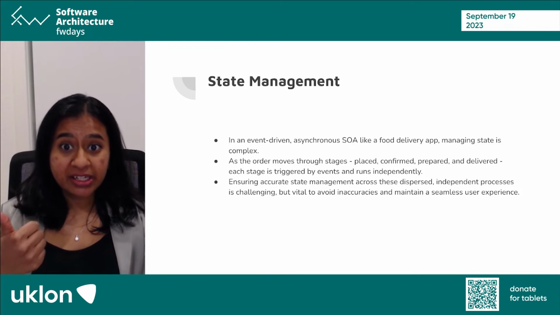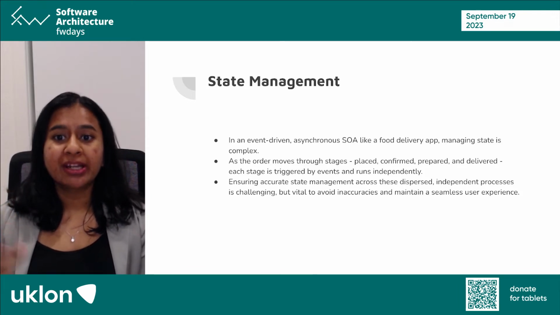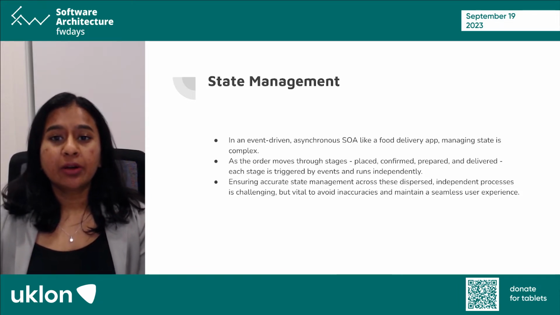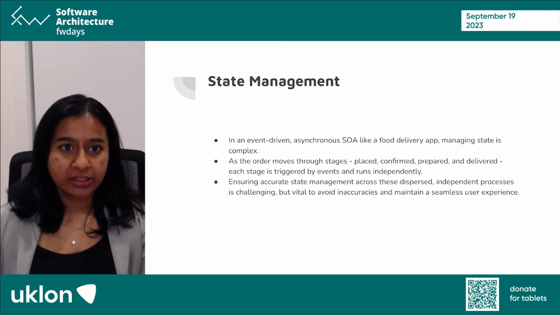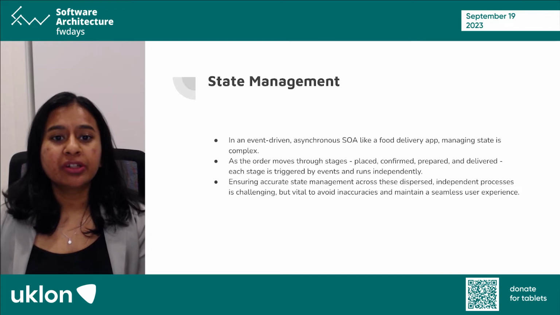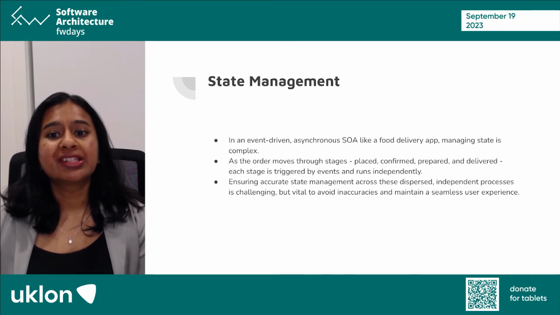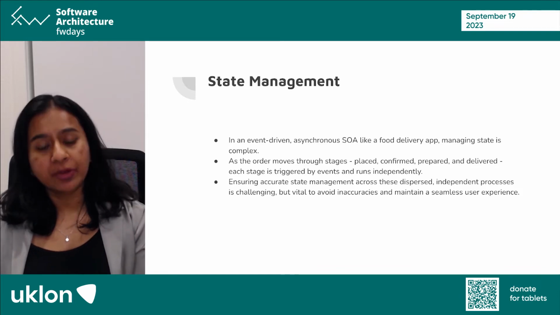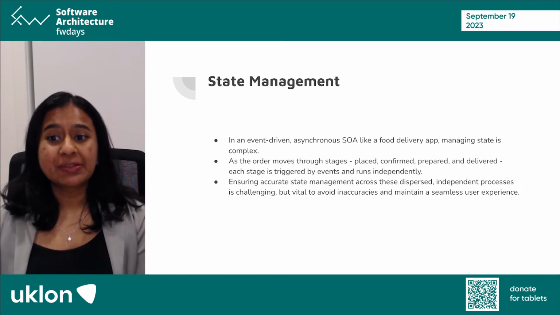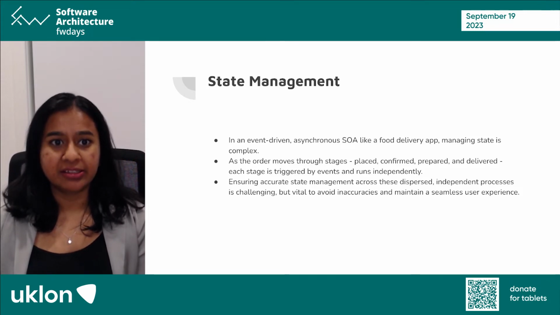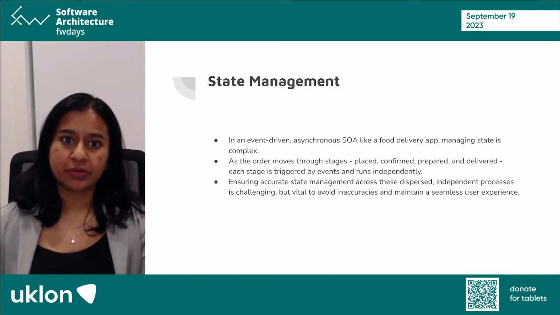The order is placed, confirmed, prepared, and then delivered. Each of these stages is an independent event, some happening concurrently with others. So ensuring the state of each event is managed accurately across these dispersed processes can be very challenging.